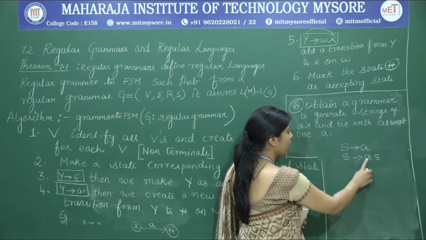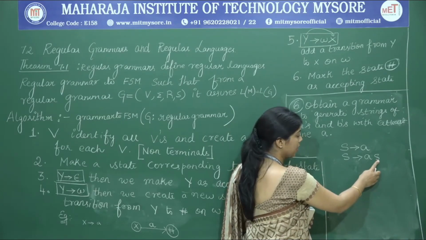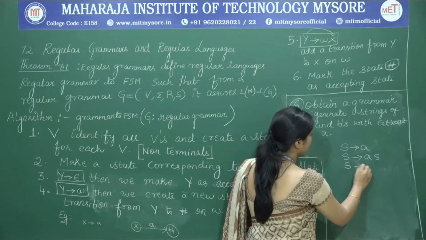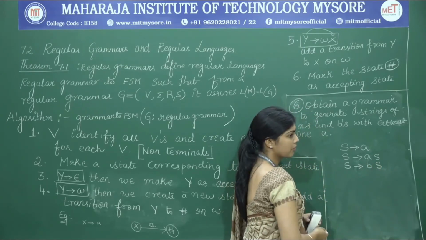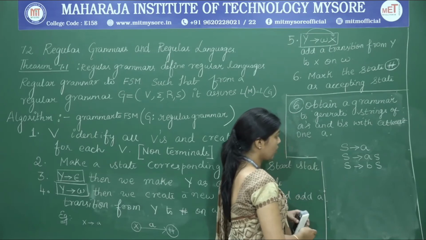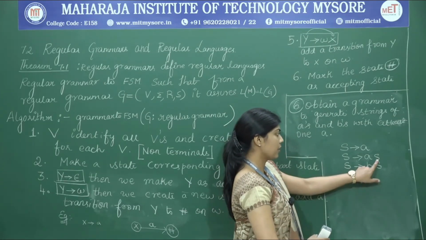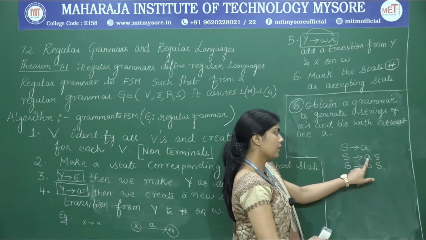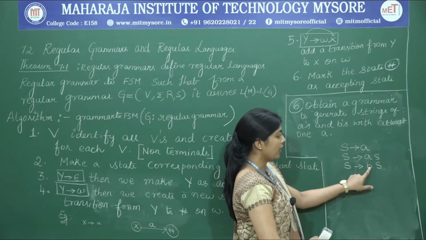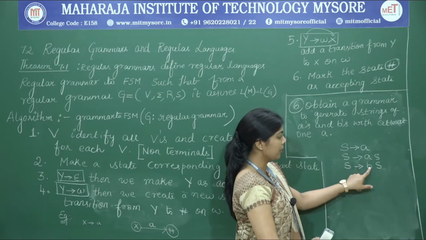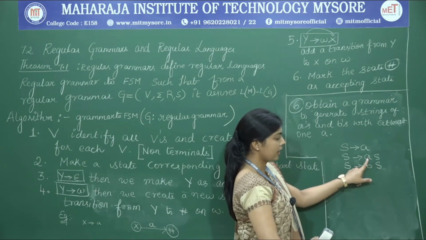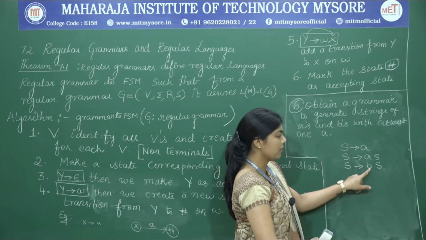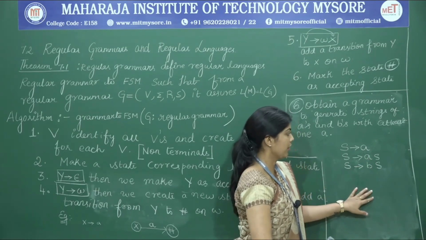So, what is happening here? Any number of A's are getting produced. Then again we write S goes to BS. So, any number of B's are produced. We are not bothered about the order either, because whenever I substitute for this S, I can either choose the second symbol as A or as B. Again, when I choose the production rule for S, the third symbol again has a choice between A and B. So, the order does not matter here.